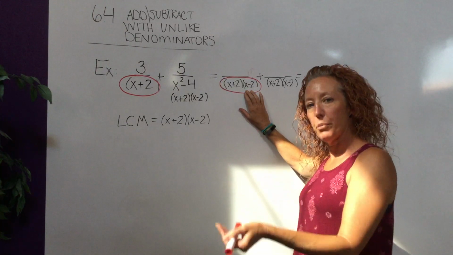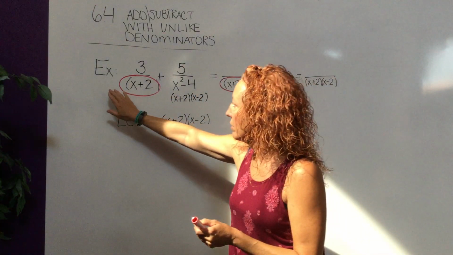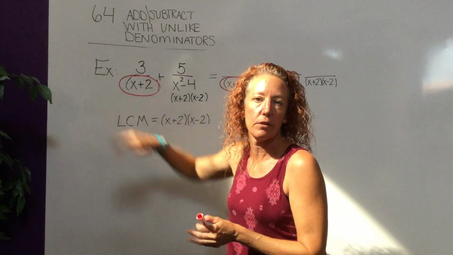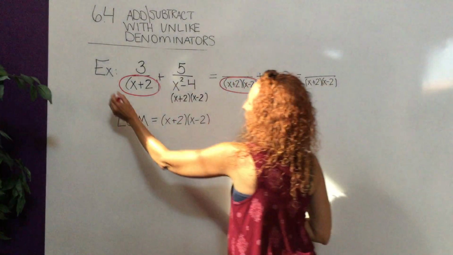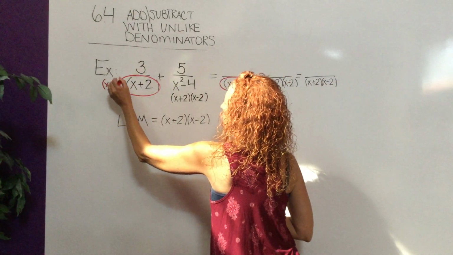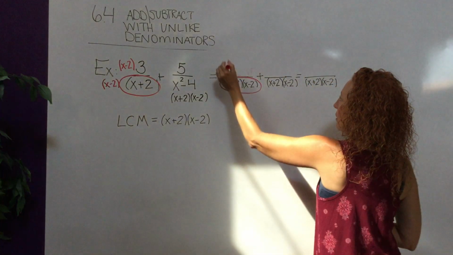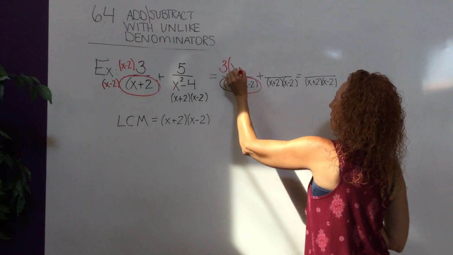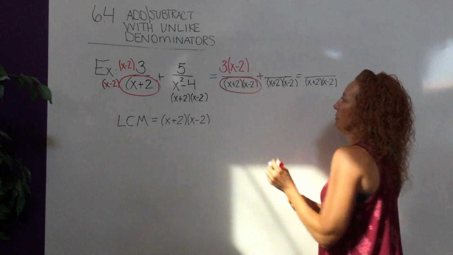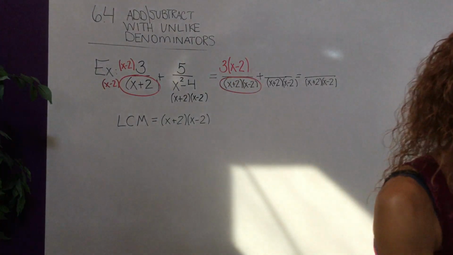And you know from the previous examples, whatever you do to the denominator, you have to do to the numerator. So I need an x minus 2 here and an x minus 2 here. So here I'm going to have 3 parentheses times x minus 2.